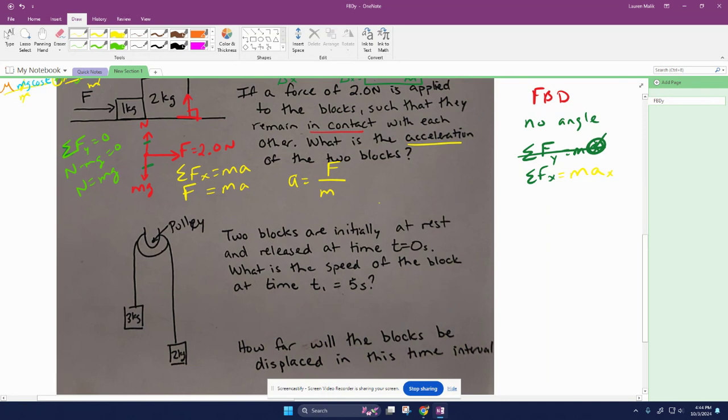Well, that 2 newtons is actually moving both the 1 kilogram and the 2 kilogram. It's moving all 3 kilograms of mass. So when we solve, we want to use our total mass to answer this question. Essentially, if we're doing the net or the total force, then we want our total mass. Alright, so I'll let you do your algebra and solve. You should get an answer with our units, meters per second squared.